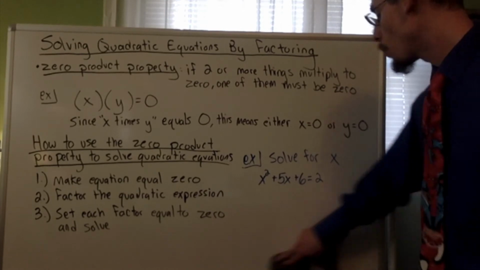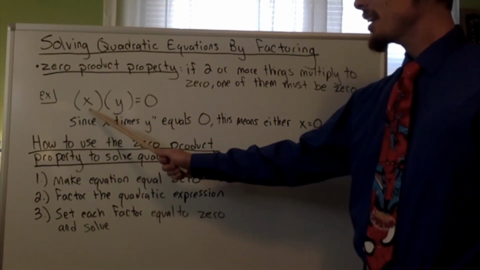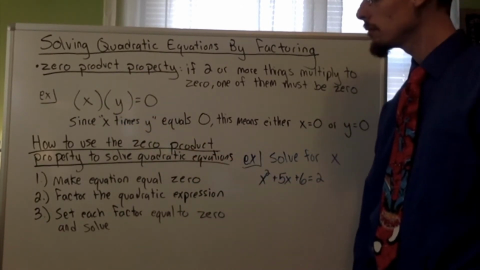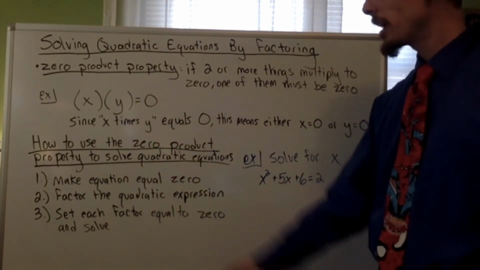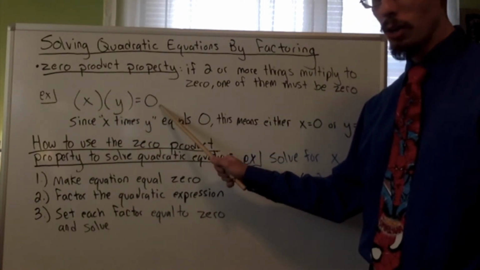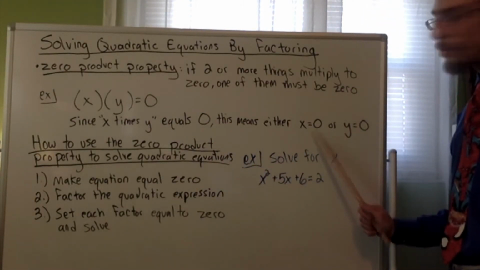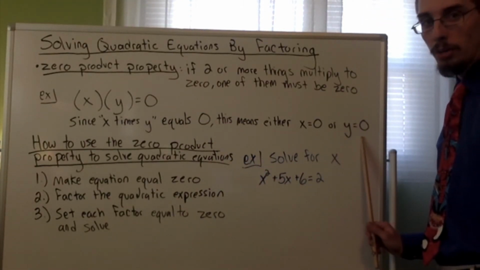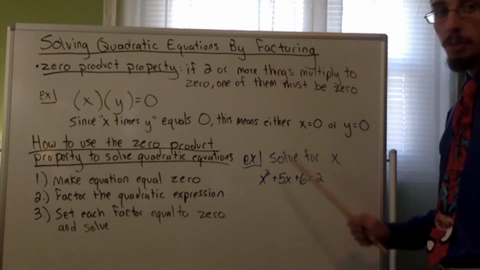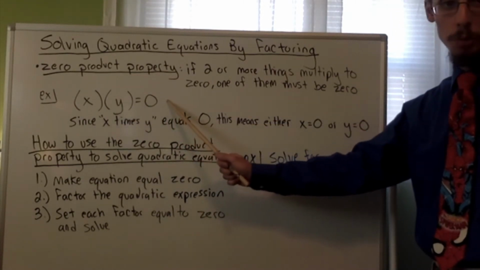So if I were to have something like up here, I have x times y equals 0. Well, if that's true, that would mean either x equals 0 or y equals 0. One of those two has to be true. Otherwise, there's no way that these two would multiply to 0, right?